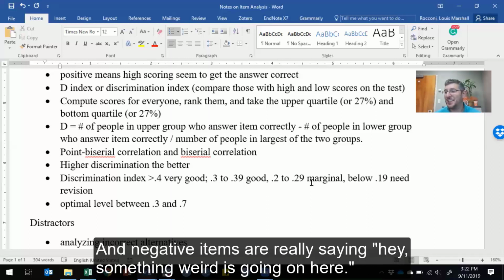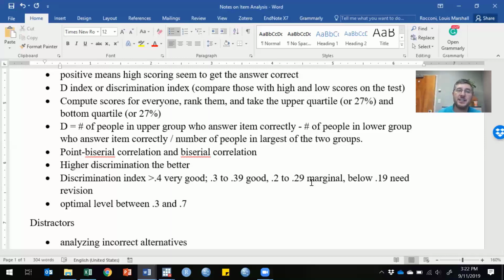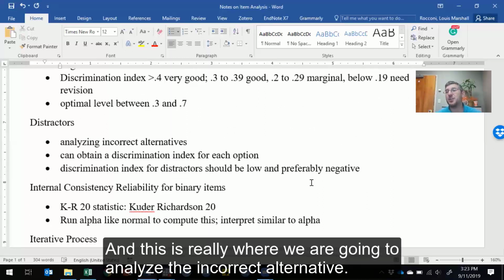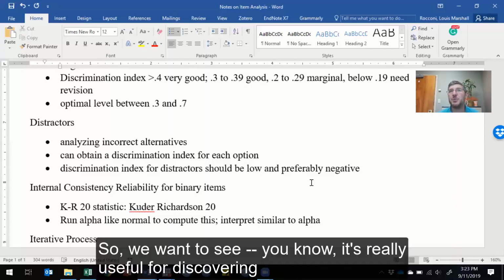We'll also talk about a distractor analysis, and this is really where we analyze the incorrect alternatives.